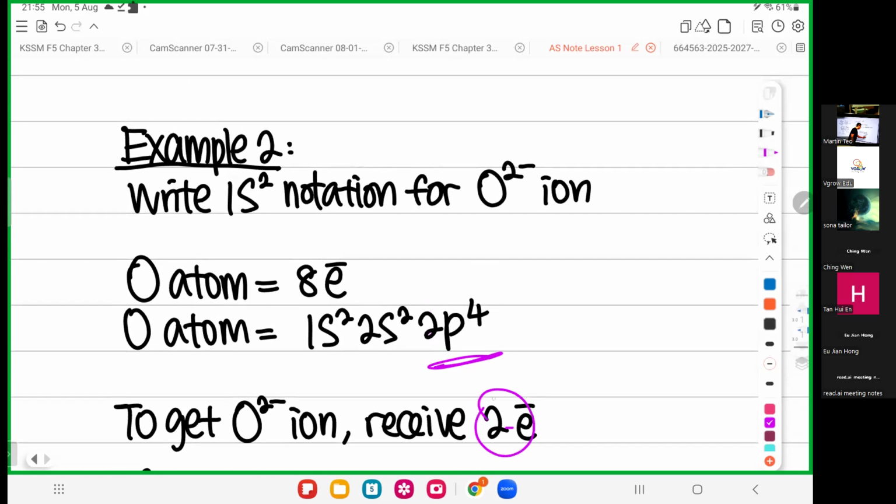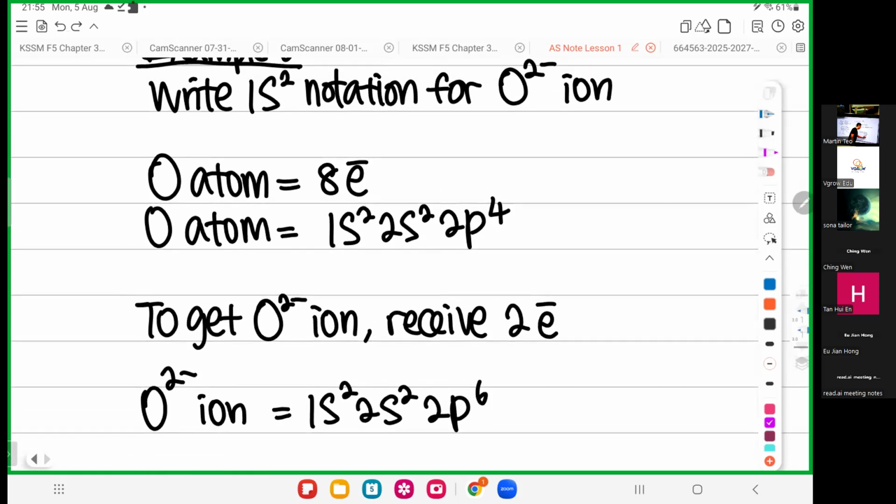So you can put 2 more inside. 4, you put 2 more, 6. Makes sense? P can hold up to 6 electrons. So now we get 1s2, 2s2, 2p6. This is the electron arrangement for your oxide ion, O2 minus.